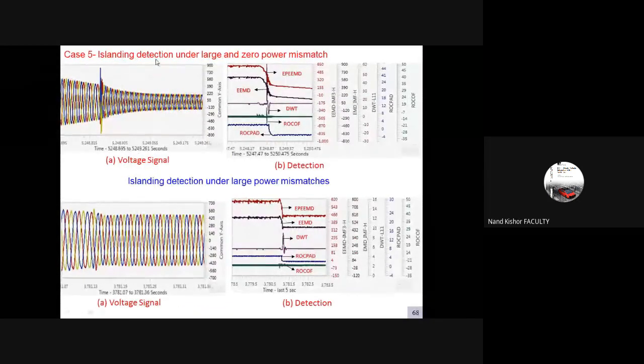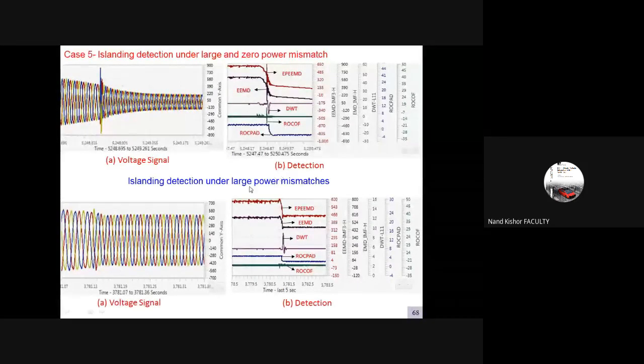Next, we have another case, island detection for large or zero power mismatch. Here is the case, this is the voltage profile and detection using the different techniques. So you have energy preserving, EMD, DWT, Rocof, and rate of change of phase angles, all that we have included.